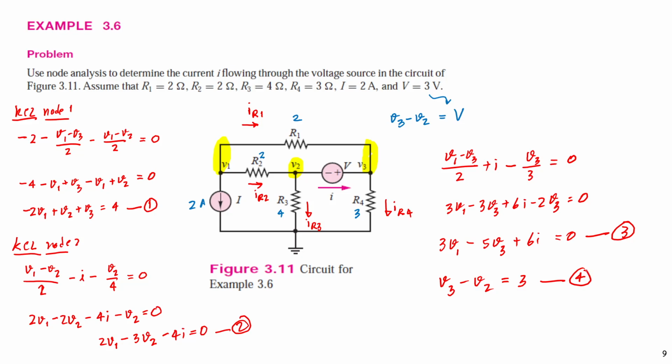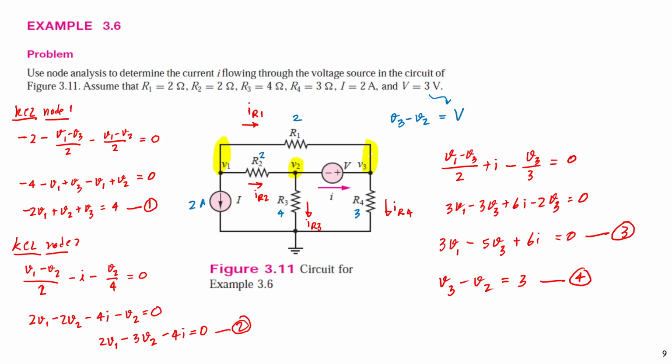Anyway, whichever is convenient, you can remove I first by equations 2 and 3, right? You remove I and you get another equation without I. Then now you get 3 equations.